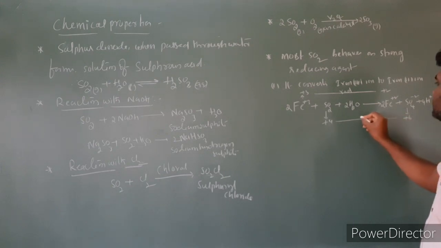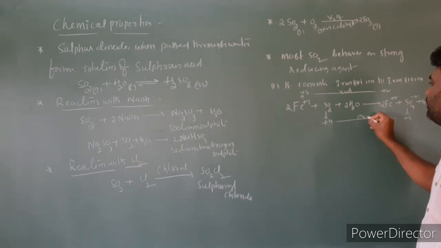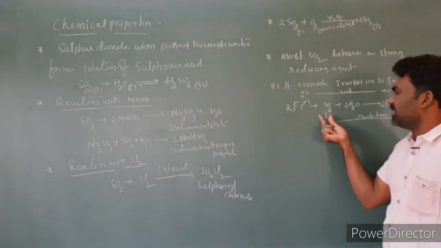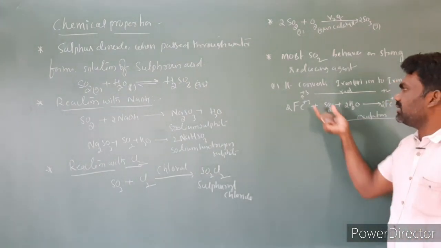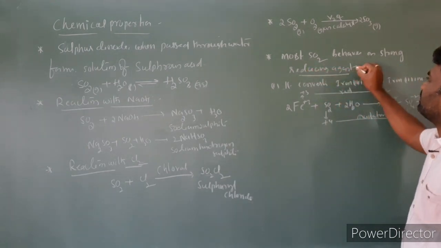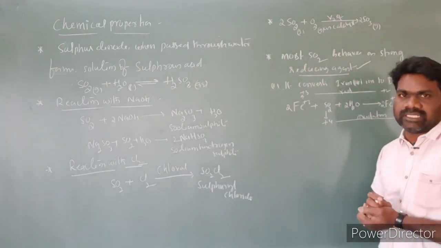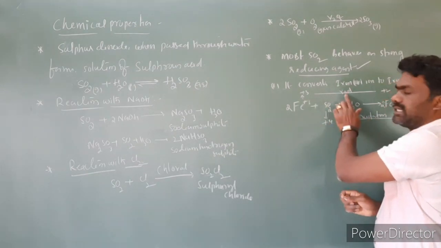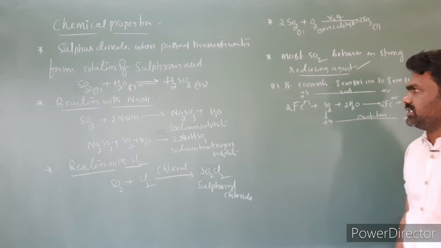So plus 4 to plus 6, increasing oxidation number, is nothing but oxidation. So sulfur is undergoing oxidation and makes the other substance undergo reduction, so it is a reducing agent.